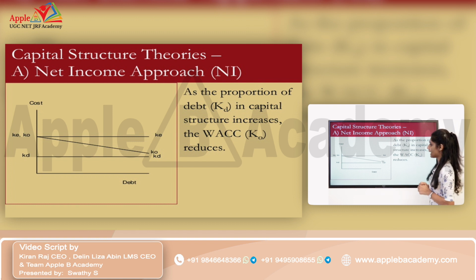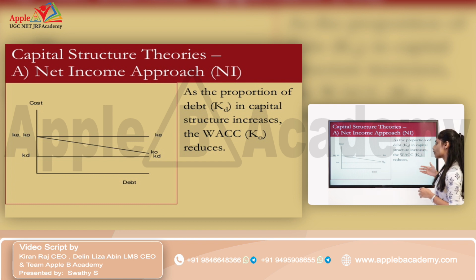In this particular diagram you can see the cost of debt and cost of equity, and KO is the overall cost of capital. You can see that the overall cost of capital is declining if you are using a higher proportion of debt; the x-axis shows the debt proportion.